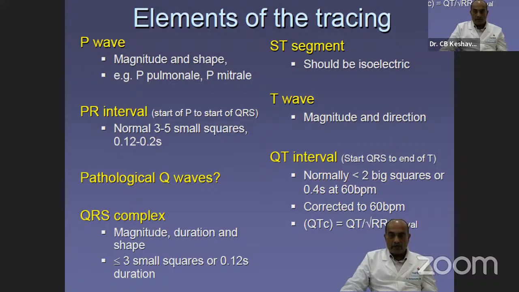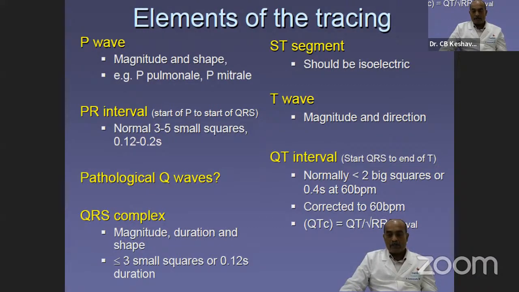T wave magnitude and direction. Normally, the T waves are upright in almost all the leads except in aVR and in V1, where you can find T wave inversions. Sometimes physiological T wave inversions can occur in lead 3 along with a Q wave. And when you take it in deep inspiration, that may disappear, which is only due to the more horizontal position of the heart in some people.